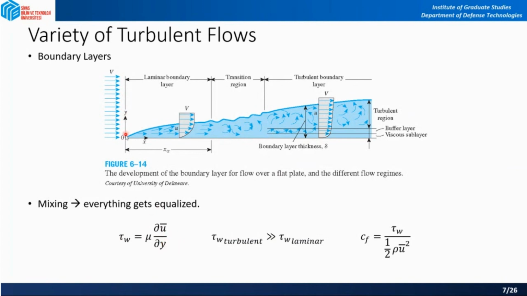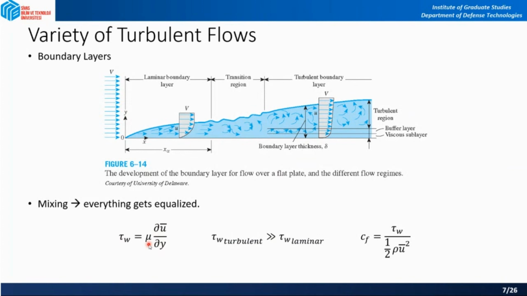This is the y-axis, and you have the mean velocity gradient. So this bar sign over the velocity shows it is a mean velocity gradient. And when you multiply it by the viscosity, it will give you the shear stress near the wall.